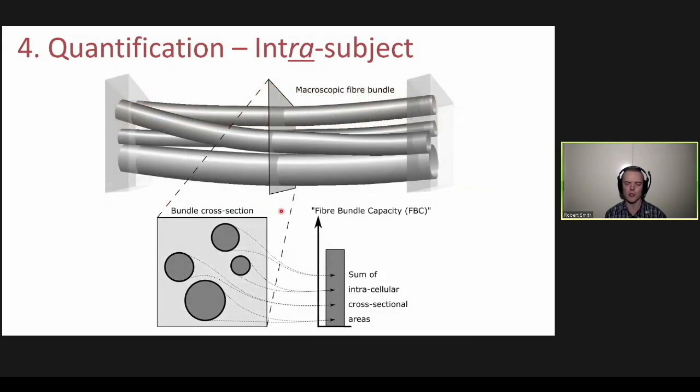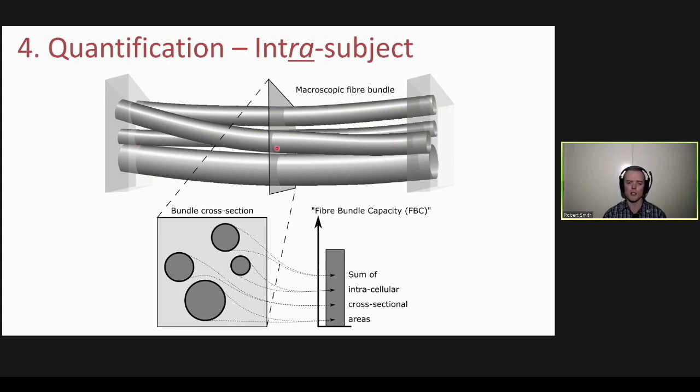So this is what this actually looks like. If you can imagine that these two boxes at the ends here are your grey matter nodes. You've got some, in this case, biological fiber bundle between them.